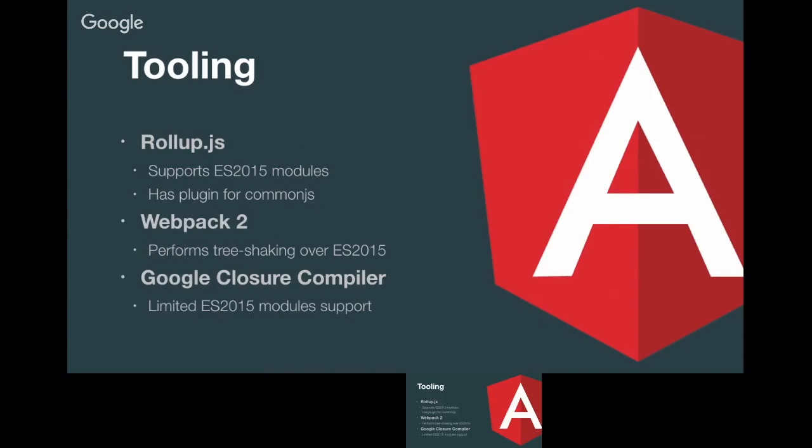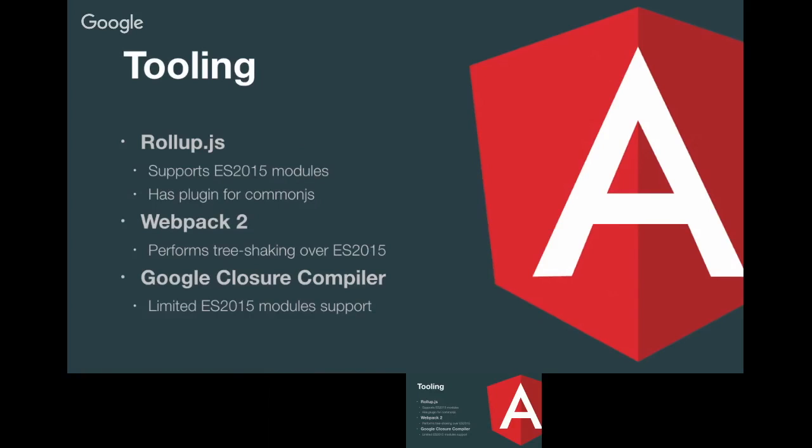There are quite a few tools that are going to help us with this. We have, for instance, Rollup.js, and out of the box it supports ES 2015 modules. There is also a CommonJS plugin, which allows us to perform some tree shaking over CommonJS as well, with a little bit more verbose configuration, unfortunately. We have Webpack 2, which does pretty good tree shaking, and Google Closure Compiler.